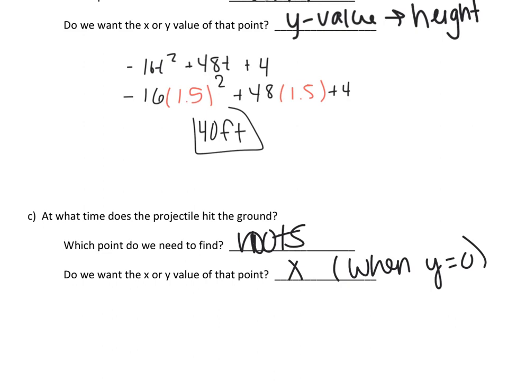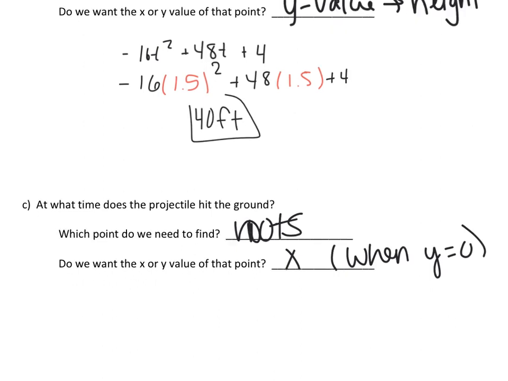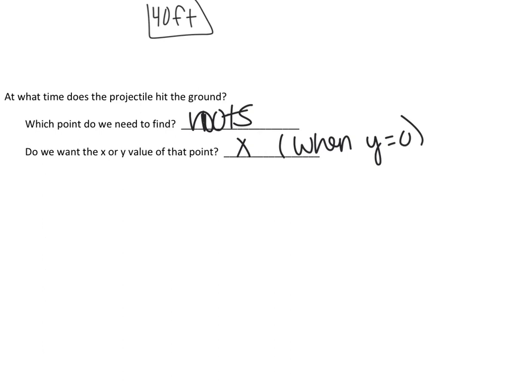And we know our roots are basically going to look like this on our graph. So you need to make sure that, as I said before, you have access to the table of values feature on Desmos. So I'm just going to draw a sketch of what your roots look like. Your roots are always going to be where you hit the x-axis.